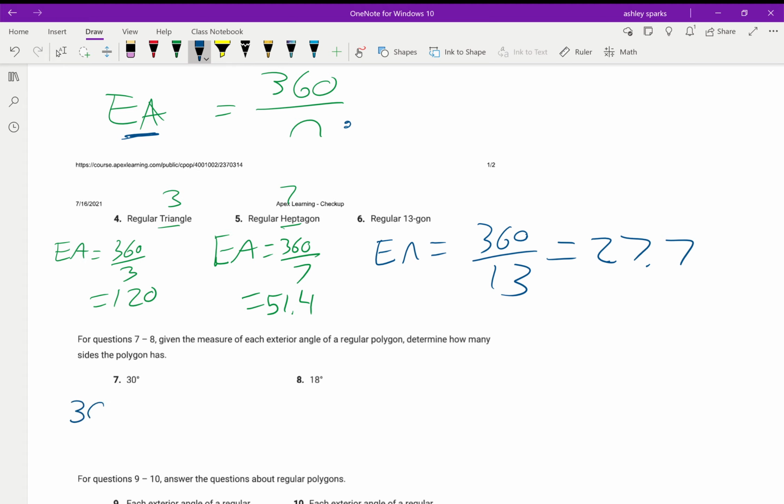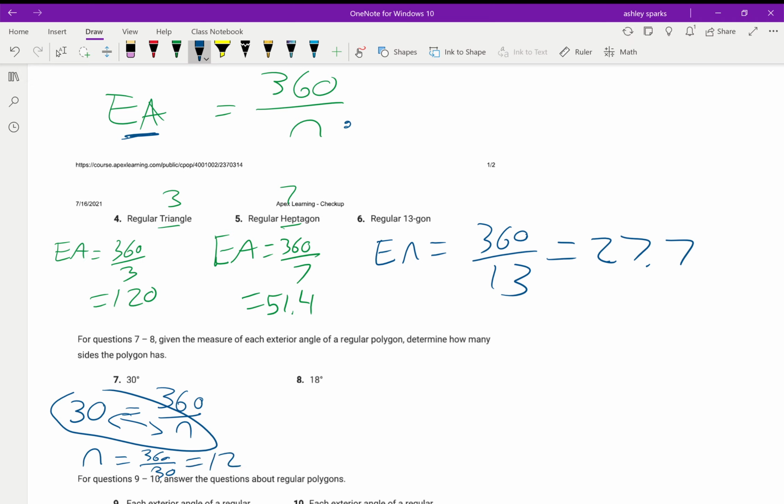The exterior angle is 30, so 30 equals 360 over n, because we don't know n yet. Once you have this set up, you can play a little switcheroo. So n ends up over here, and our 30 ends up on the bottom of our 360. And I get that n would be 12 here.